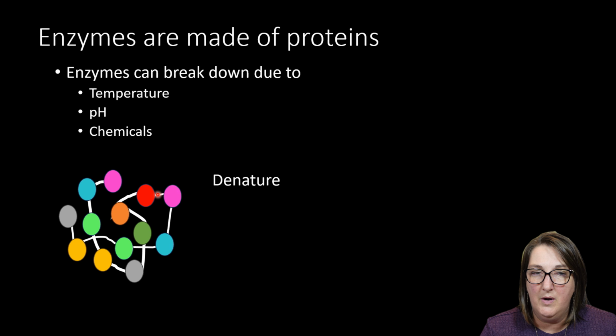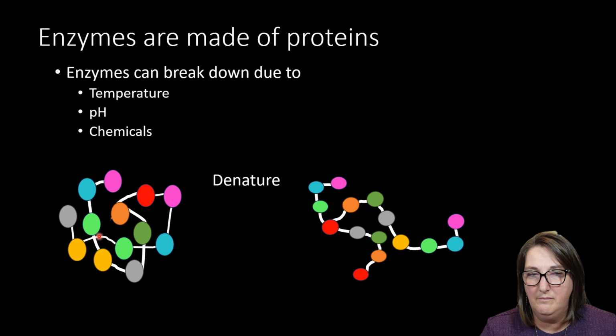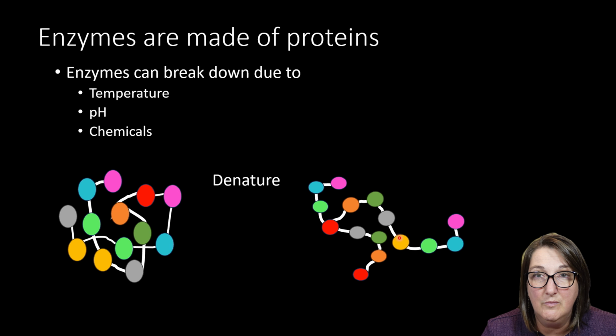That's when these bonds start to fall apart, they break. And if I denature something, I cannot renature. So when denaturing happens, my bonds are all falling apart and they're not folded correctly. And remember the number one rule with proteins: if it's not folded correctly, it's not going to function correctly. So this has to have a very specific fold for a specific function.